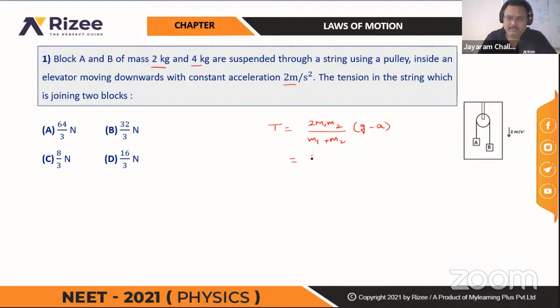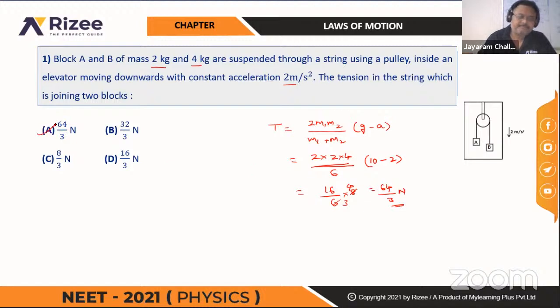Or else this can be 2 into the masses, 2 kg and 4 kg, by 6 into g value. If I take it as 10 minus 2, that's going to be 8, and this will be 16 by 6 into 8, or 3 times and 4 times, it is 64 by 3.